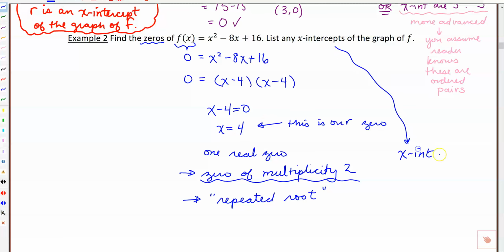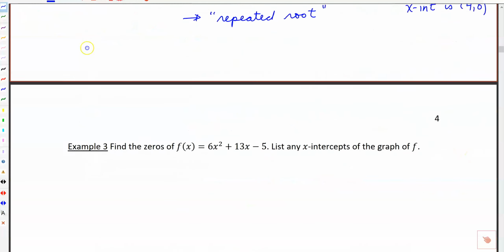You could say the x-intercept is 4, or you could be a little bit more careful and say the x-intercept is (4, 0), and actually give it as an ordered pair. I don't mind either way. I think the ordered pair is a little bit clearer to everybody, but just giving the x values is more advanced and a little fancier.